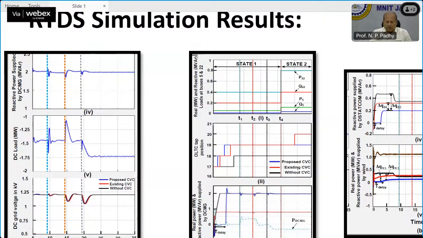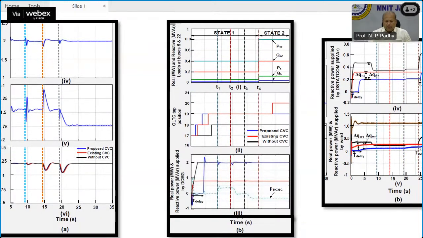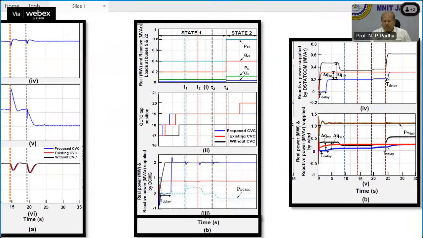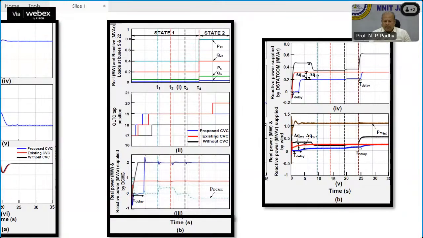Similarly, for the DC microgrid, there are three different scenarios. And finally, for the STATCOM, you can see the real power and reactive power supplied by the wind generation, and its characteristic is also given to you. So each and every device during state number 1, state number 2, and state number 3 can be easily calculated.